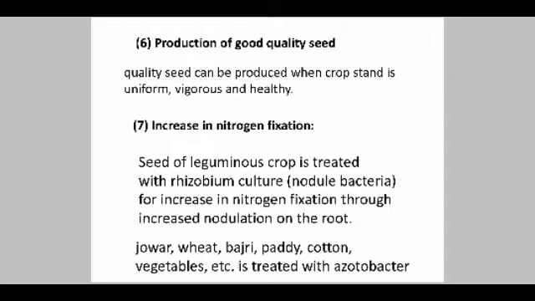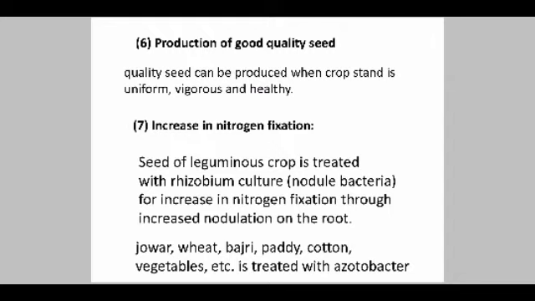Next is an increase in nitrogen fixation. The seed of leguminous crops is treated with rhizobium culture. These are nodule bacteria which increase nitrogen fixation through an increase in nodulation on the root area.